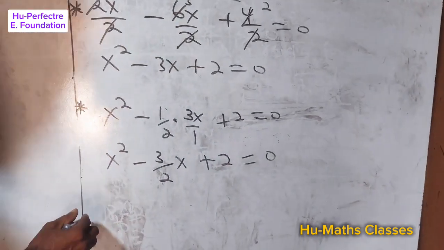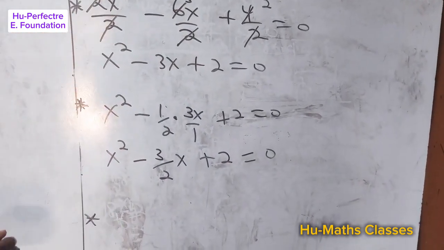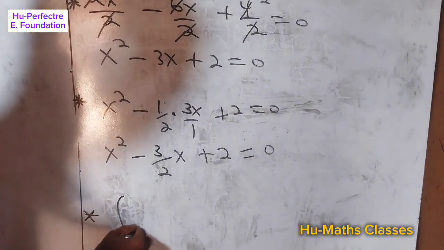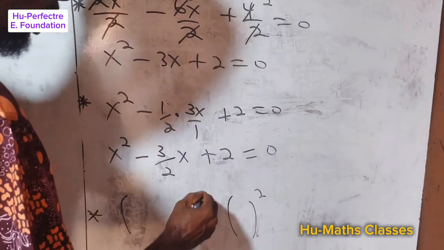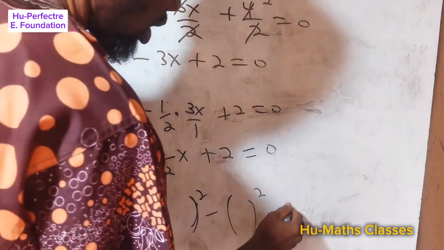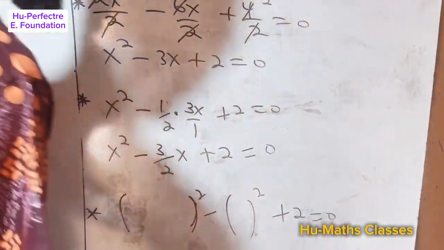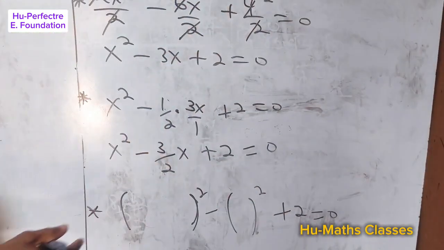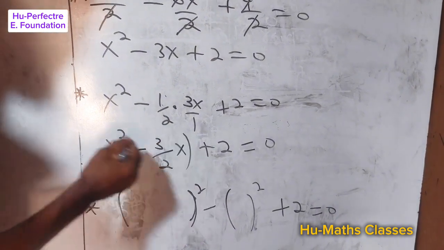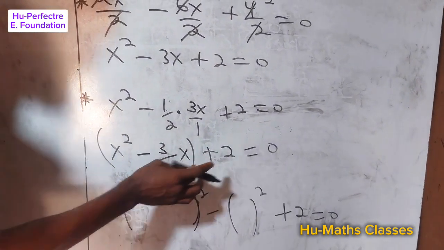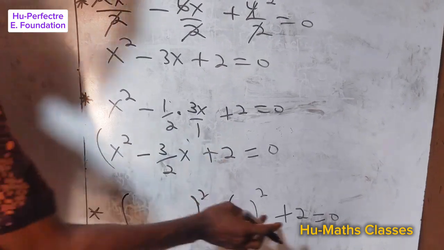The next step I said you should take is to find the difference of two squared brackets, this one minus the other one squared, plus 2 is equal to 0. That is a constant. Now, remember, we are only going to perfect the squares here, not the constant, so that is why we have the 2 still written down.